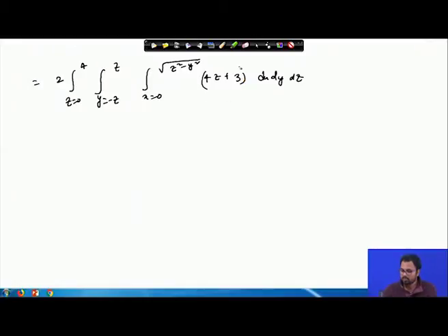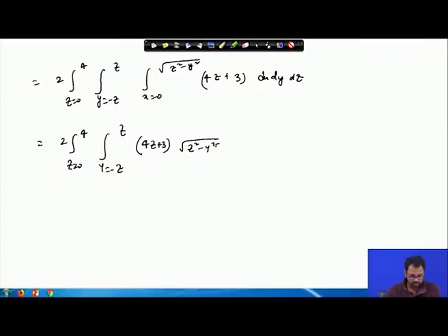So, that is taken care of here, and now what we are going to do is integrate first with respect to x. So, this will reduce to z running from 0 to 4, y running from minus z to plus z, and if I integrate with respect to x, this will be 4z plus 3 times x, and I substitute the value. So, this will be z square minus y square dy dz. Now, next we integrate with respect to y.